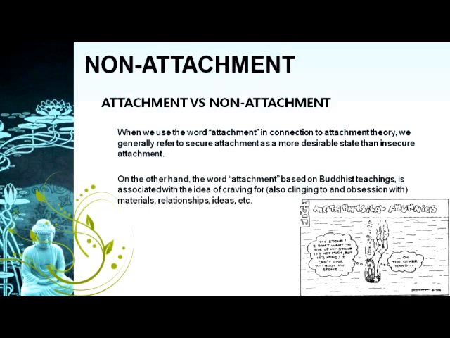It is not the contrast between attachment and non-attachment, since virtually every child is attached to some caregiver. With respect to attachment theory, there is no need to use the term non-attachment. On the other hand, the word attachment based on Buddhist teachings is associated with the idea of craving for materials, relationships, ideas, etc.